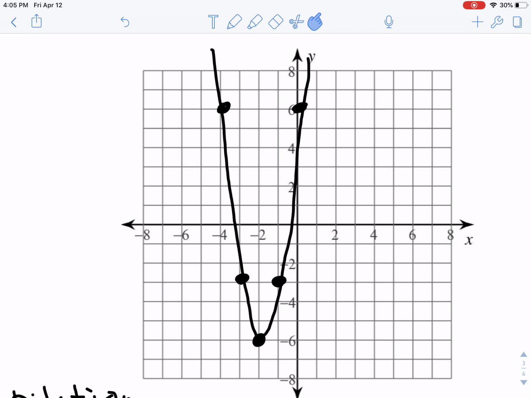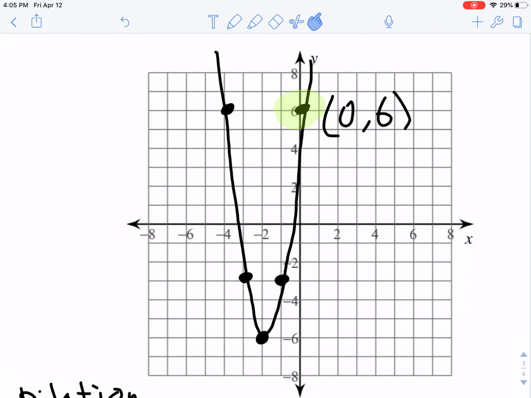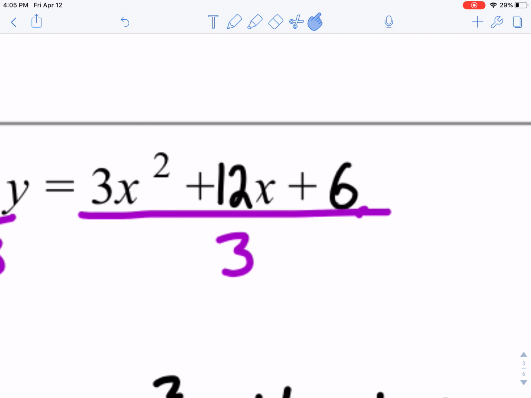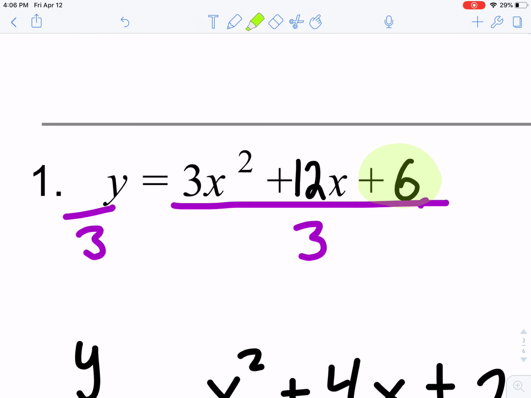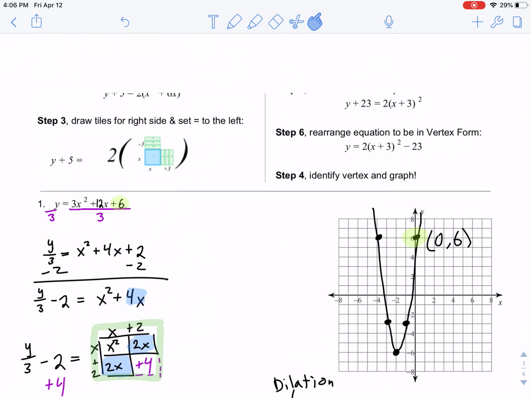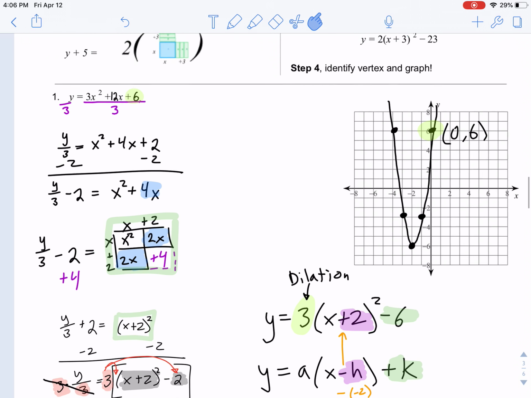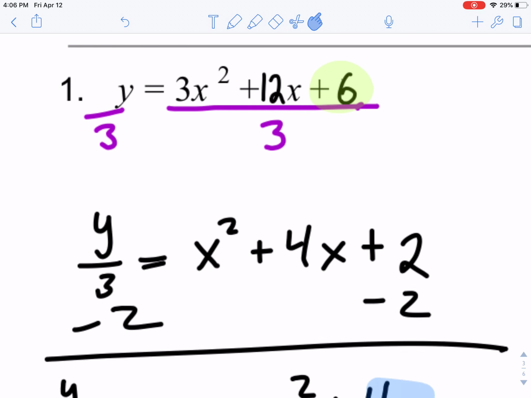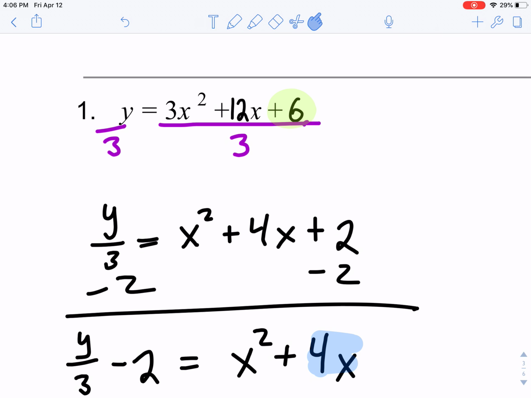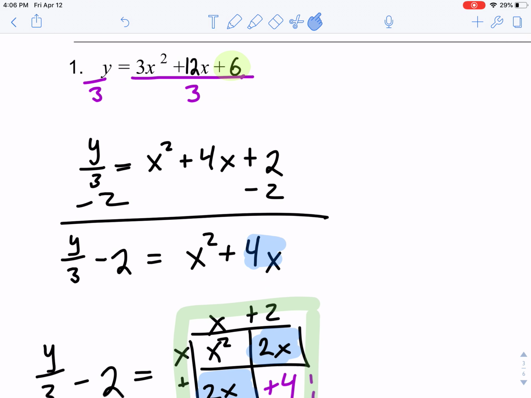with those 5 points. Notice that we can now check our y-intercept at 0, 6 and see if it matches our standard form. And it does. There's that y-intercept. So just to recap, when you have a leading coefficient that's not equal to 1, it gets a little messier because you have to divide everything by the leading coefficient. It's up to you if you want to subtract the 6 first or if you divide first.